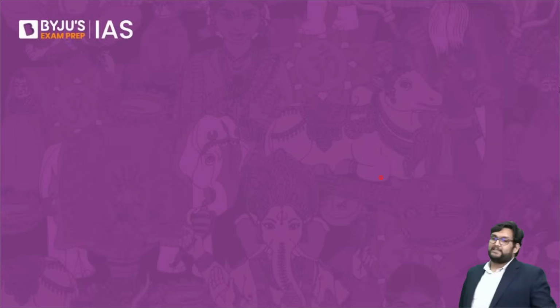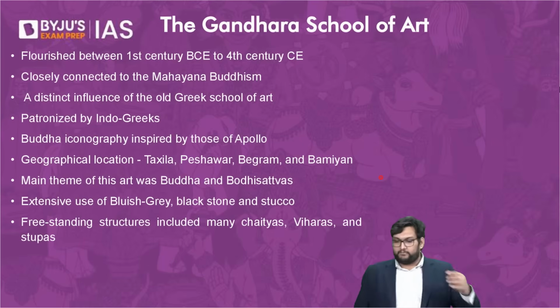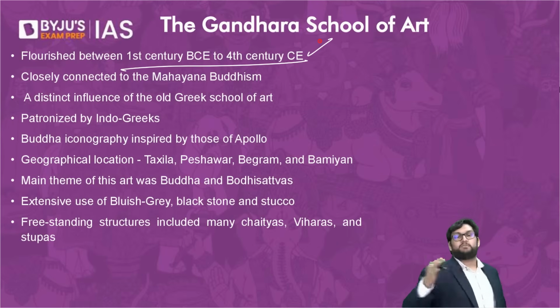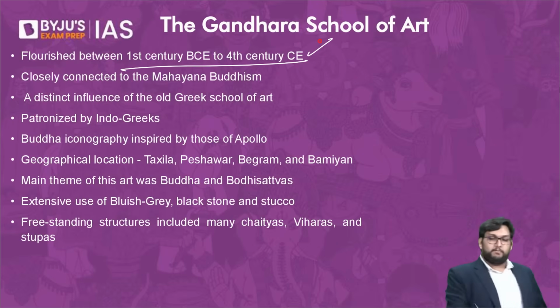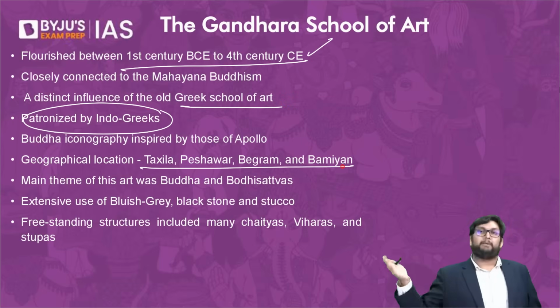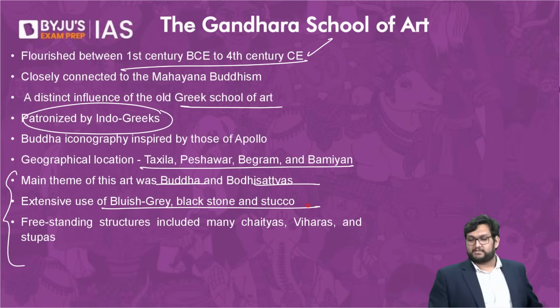When we look at any imagery of the Gandhara school, which was developing between the first century BC to the 4th century CE, patronization by the Indo-Greeks has a Greco-Roman influence on it. Takshila, Peshawar, Bamiyan Buddha or Begram, in this sector you will see something like this. Main theme: Buddha, Bodhisattva, bluish grey sandstone.